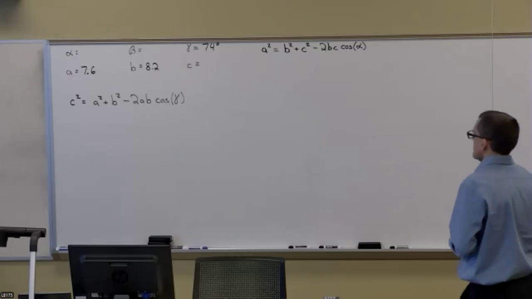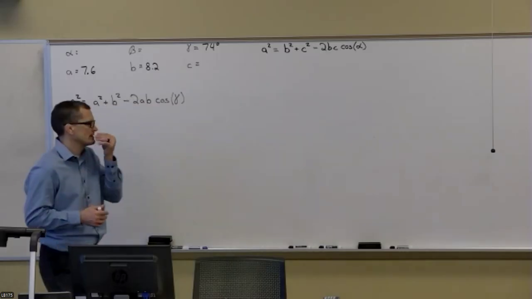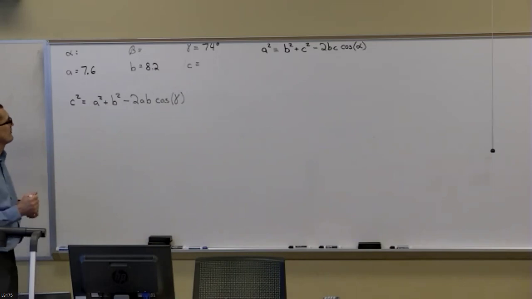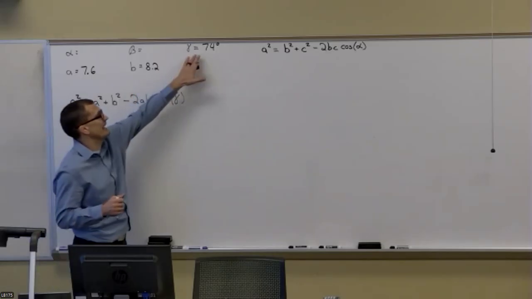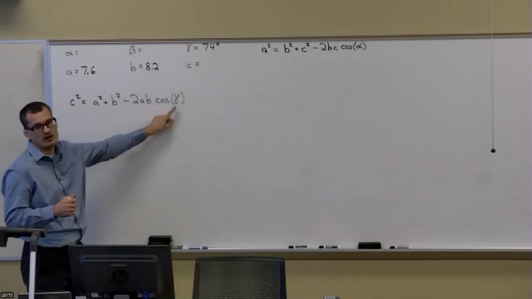All right. By the way, the general convention for this is that you round to 2 decimal places on your angles and on your side lengths. Okay, so on the homework and on the test, we'll round to 2 decimal places on this. If I'm given the gamma, then I have to use the law of cosines, which involves the gamma.